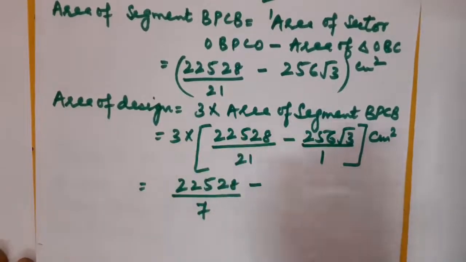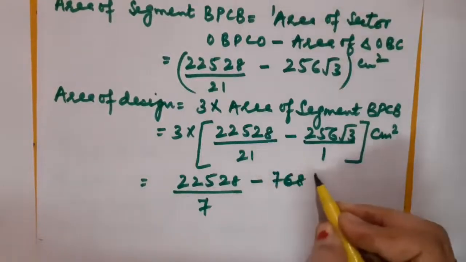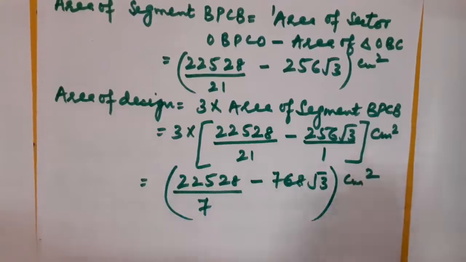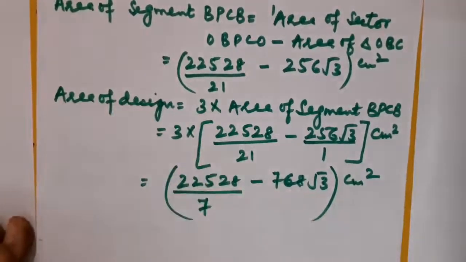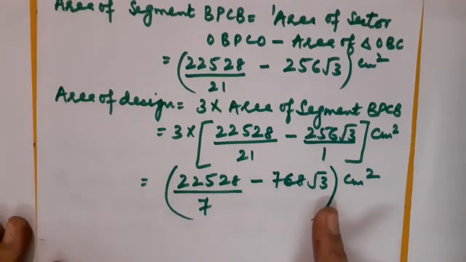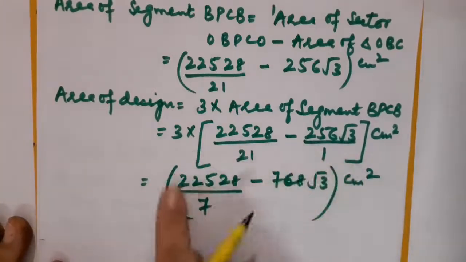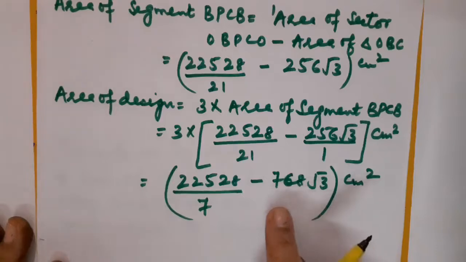I will be getting 768 root 3 and there is a big bracket with centimeter square. So children, this is the area of design which we wanted to calculate. Okay. If you will be having the value of root 3 given, you can insert over here. Otherwise, you can leave the area like this also. This is actually the answer which is given in NCERT textbook.